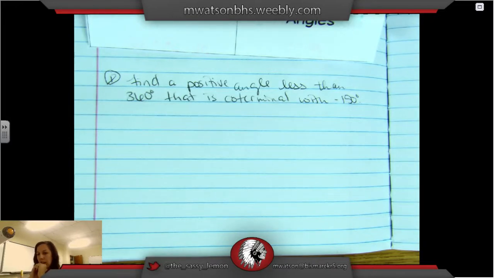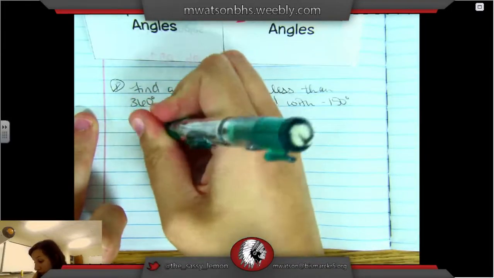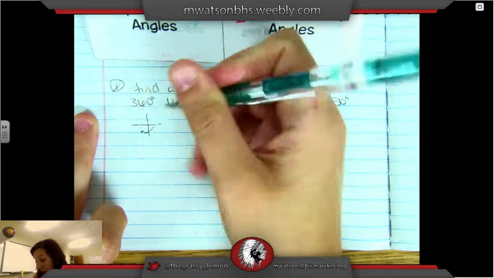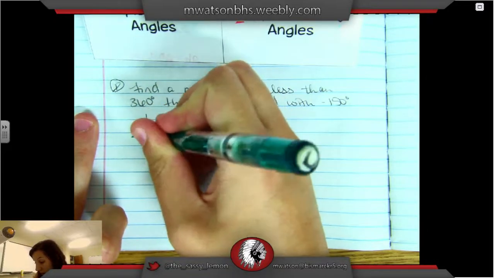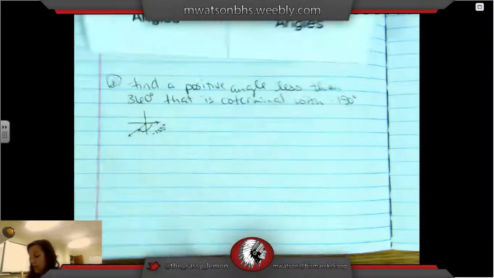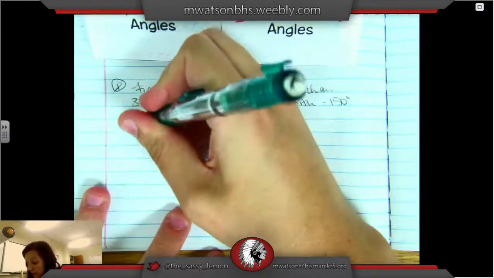So there's some different things we could do here. You could draw it. I mean, you could draw negative 150 degrees. It's somewhere right over here. And then you could figure out what the positive angle is that's the same as that.